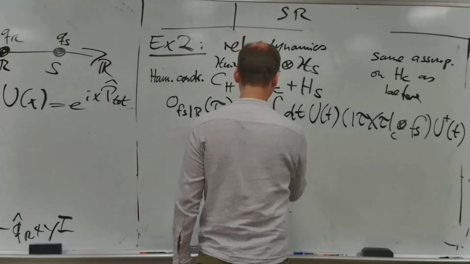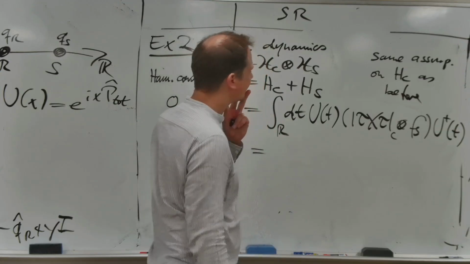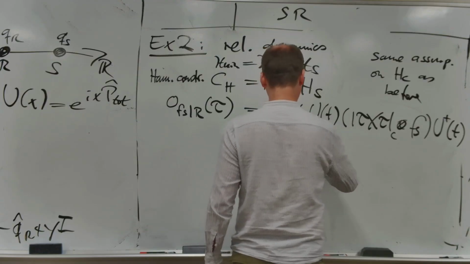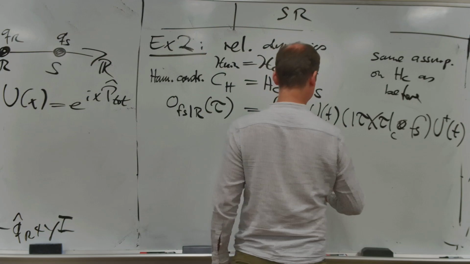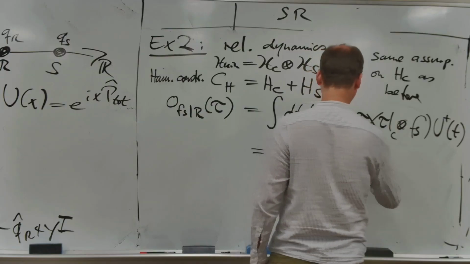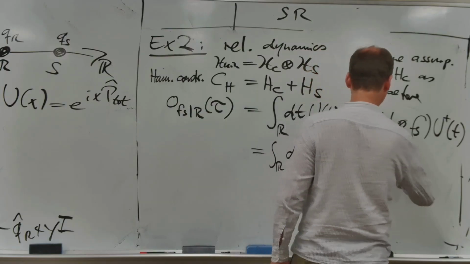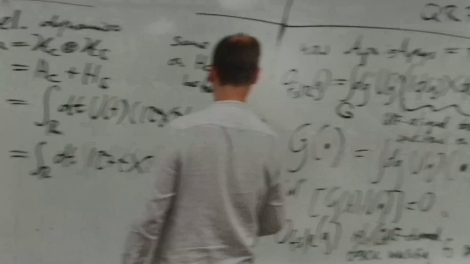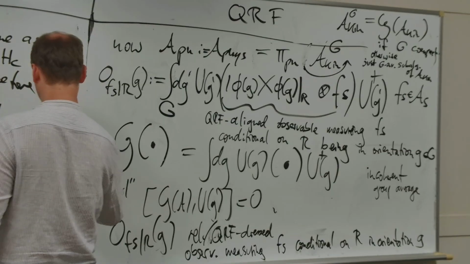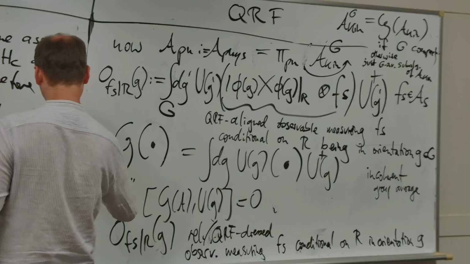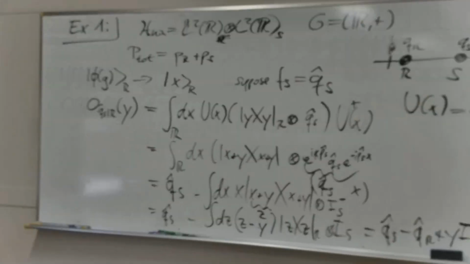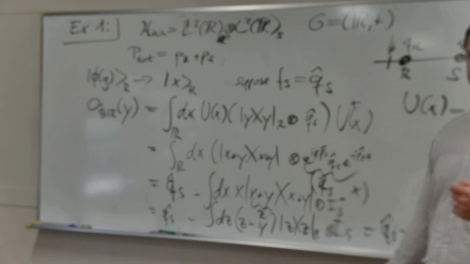Let me try and see if I can do this. So this would be tau plus t, tau plus t. Then I have this t plus, so I'm just using that I can factorize U into a clock and system part.